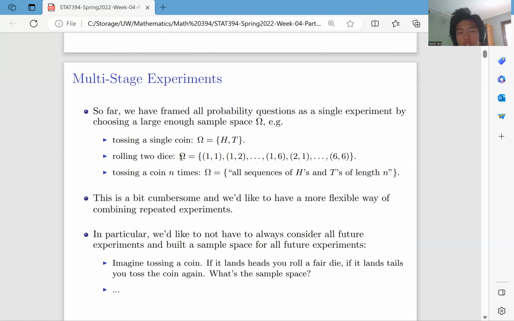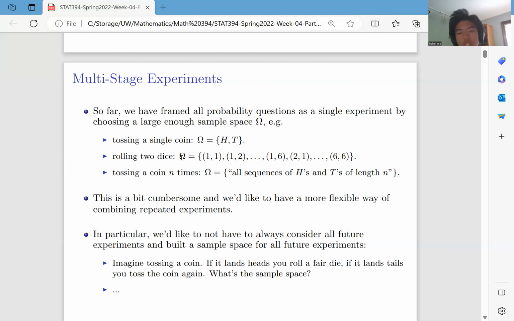But this is not always the case if we try to explore more advanced and more complex cases. Because we are tossing a coin n times, and each time we toss a coin, the possibilities are very similar or exactly the same.